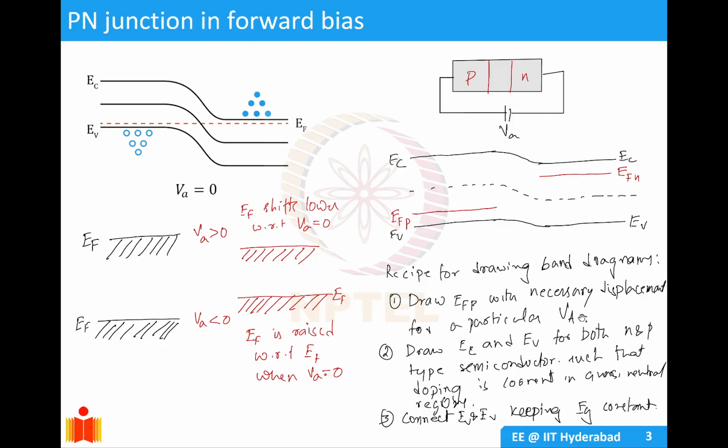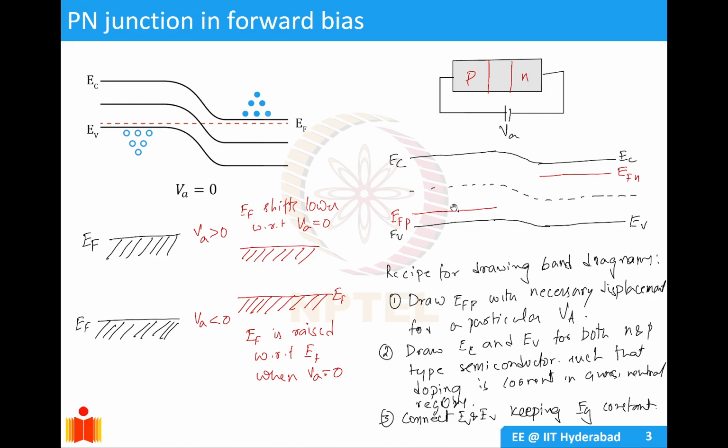So if VA is positive, then EFP will go down from the zero line, and if VA is negative, then EFP will go above the zero line. And then you draw EC and EV accordingly to this EFP. So EFN will stay at the zero line.